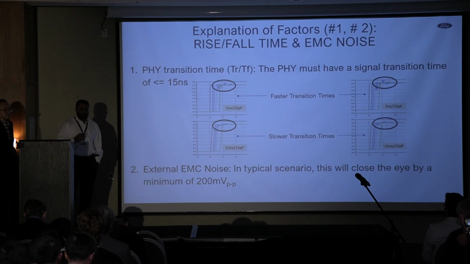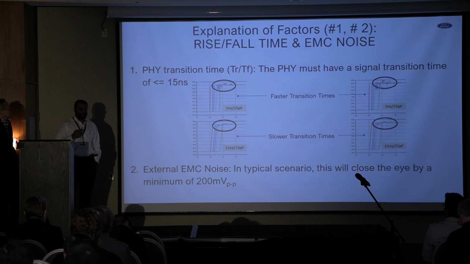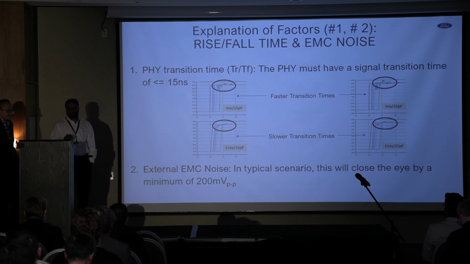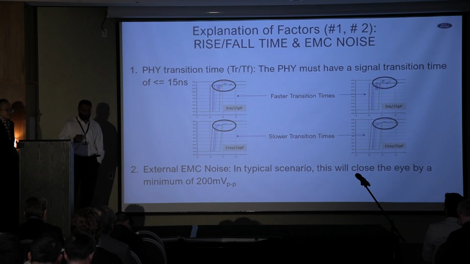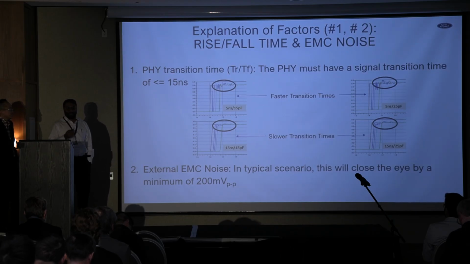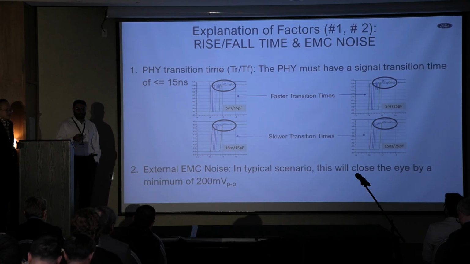Any PHY has a rise and fall time for the signal. As per the spec, the PHY transition has to be within 15 nanoseconds. What we are seeing is that faster transition times cause ringing in the signal, while slower transition times have much less ringing. So this is one of the factors that contributes to the PHY's rise and fall time.